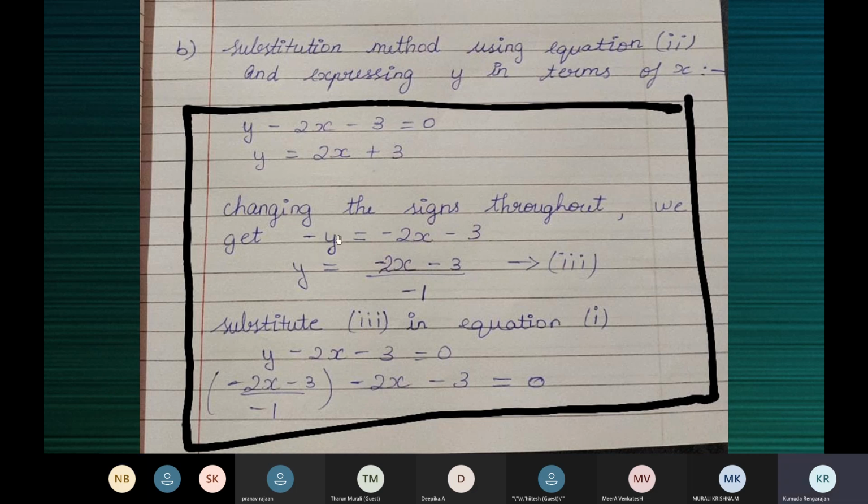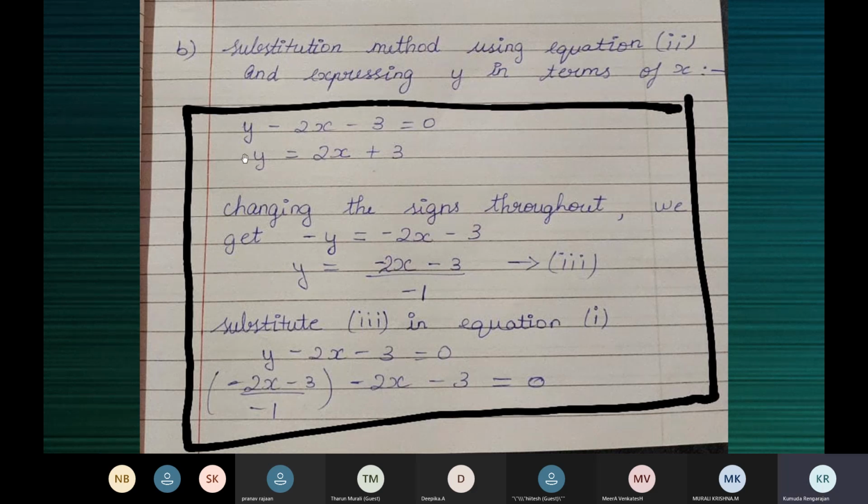You don't have to change the signs throughout; it is not any rule. When it was in the question we discussed, it was minus y, so we change the signs throughout so that minus y becomes plus y. Changing the signs throughout is not a step.